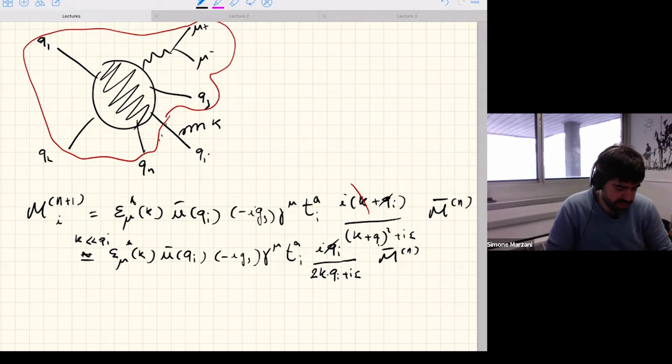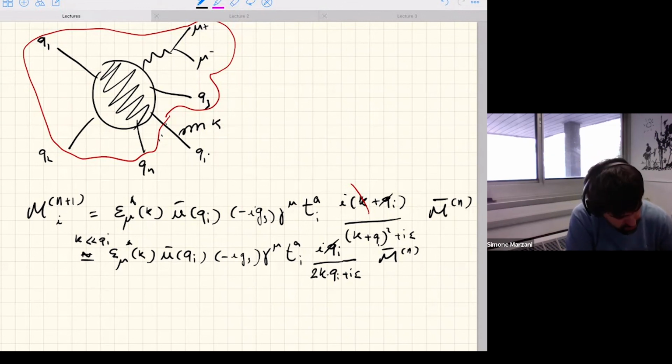Now I can rearrange these essentially using the Dirac algebra. I can use the commutation relation between gamma mu and Q slash to swap the two matrices, and then I can use the Dirac equation to cancel one term, because if I swap gamma mu and Q slash, then when Q slash acts on u bar, I get 0.